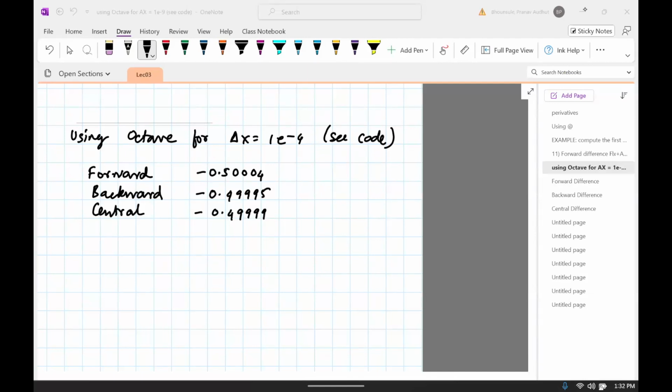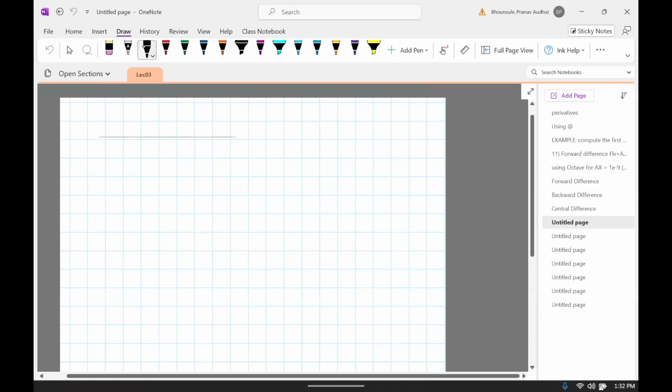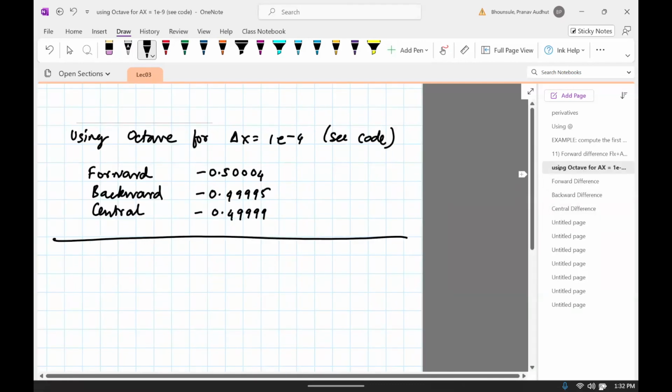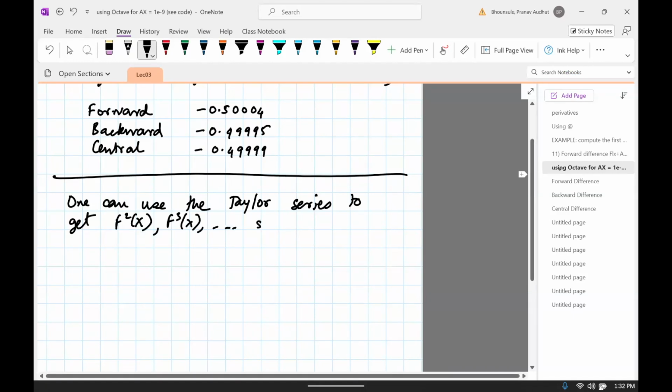You can actually derive a formula for the second derivative of f by doing the following. One can use the Taylor series to get f2x, f3x, and so on.